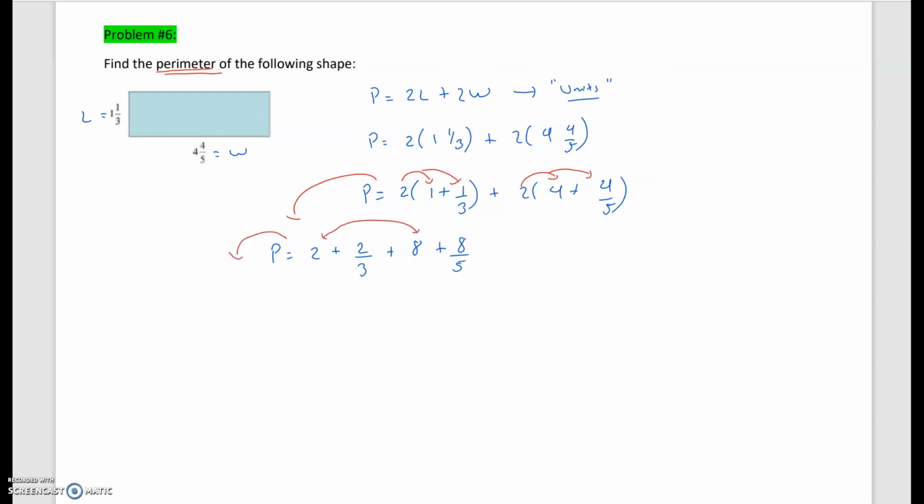And let me just move this to the side so that we fit the whole problem. So P is equal to 2 plus 8 is equal to 10 plus 2/3 plus 8/5. And let me combine the actual fractions so that LCD will be 15.